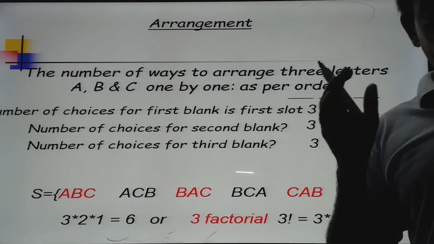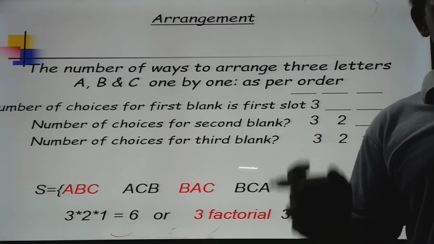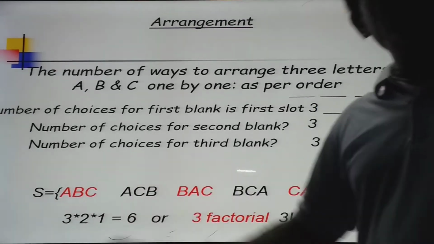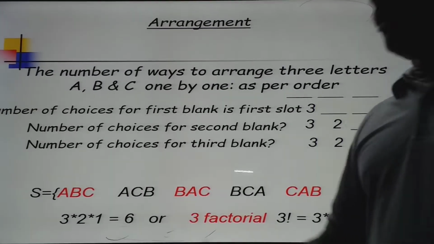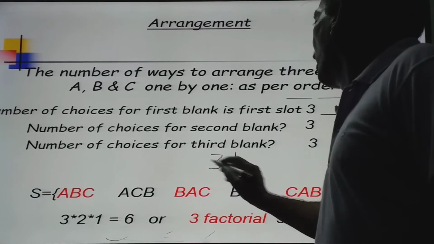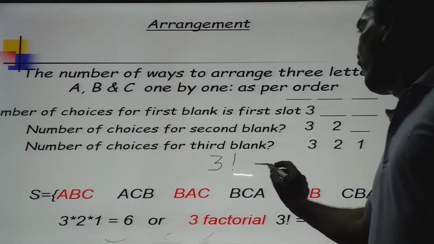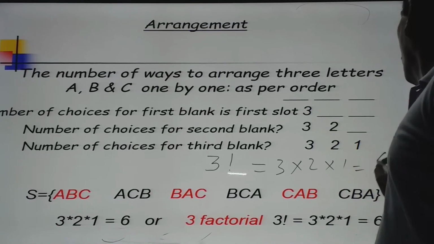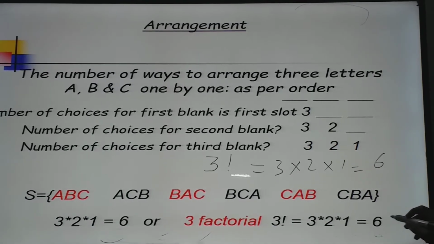Whenever you have 3 seats, 3 places, and you have to arrange 3 things over it, you can simply write that number with the factorial. So you have only 3 factorial ways. How can you write factorial? 3 into 2 into 1 is equal to 6 ways. So this is the answer.